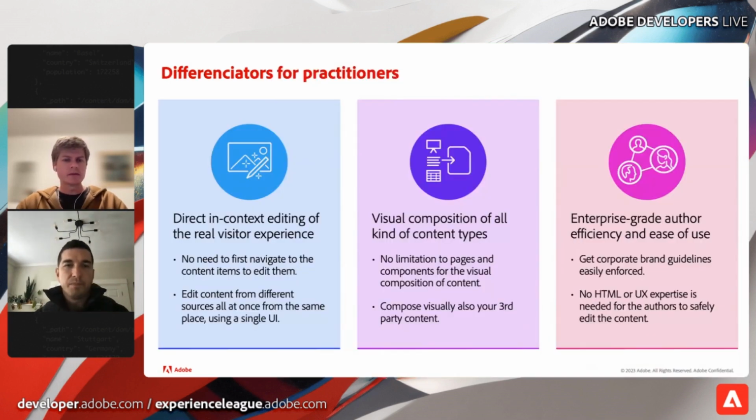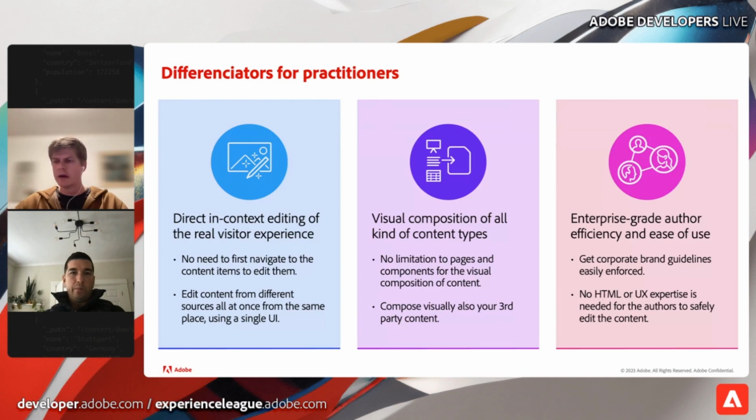Just to summarize here, the big differentiators that the Universal Editor brings to practitioners is that you have this direct in-context editing, so you don't need to first navigate to the content before you're able to edit it, that you can edit content from different sources with a single, consistent API, and that you can still visually compose your content.